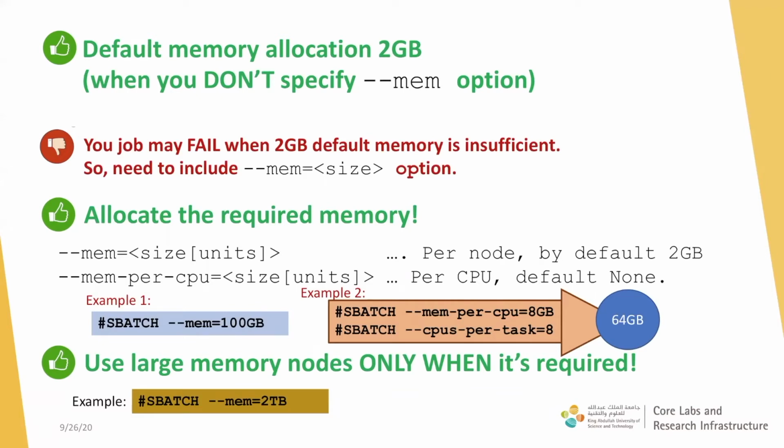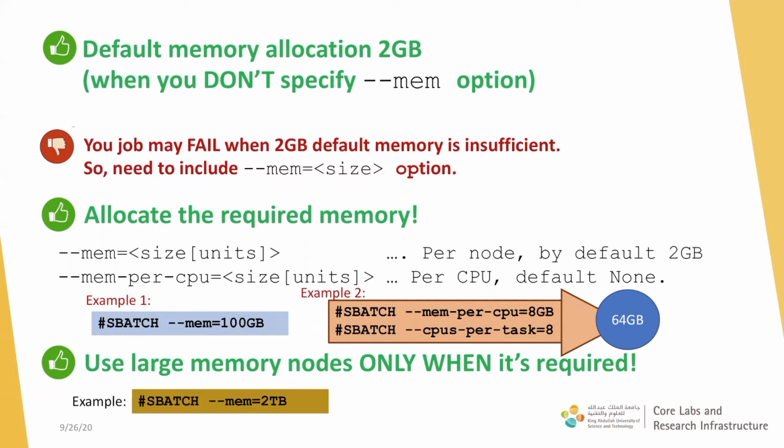For example, if the rough estimate is that my job requires 64 GB memory, you can specify --mem=64G. The other way around: my job is a multi-threading model and I'm interested to use 8 CPUs, where I can specify per CPU 8 GB memory. So a total of 64 GB memory will be allocated using these two constraints.